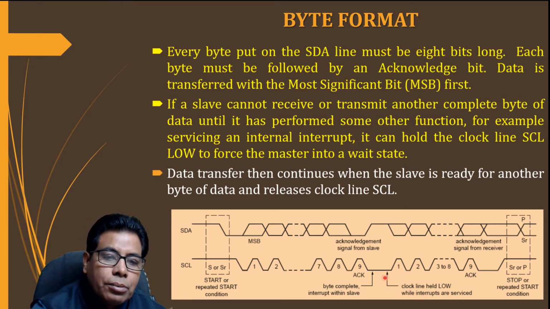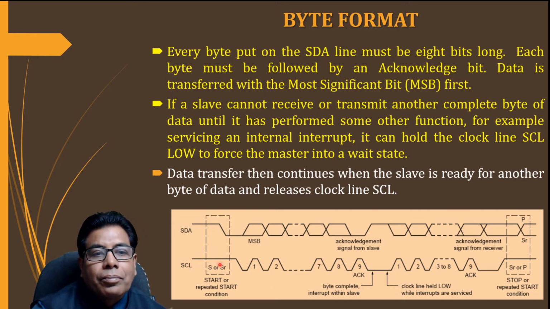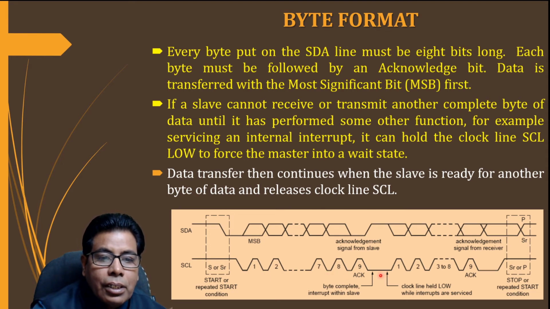So when interrupts are serviced, the clock line is held low. Then the next start condition cannot be achieved, because for the start condition we need the clock line to be high. So when the clock line is low, it will be in the wait state. That will force the master to be in wait state.